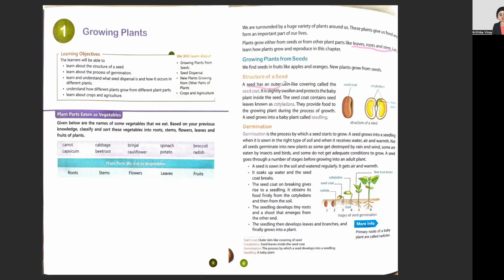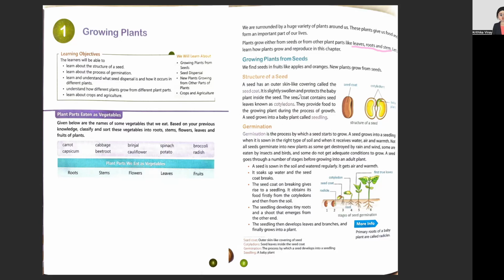Let's read. A seed has an outer skin-like covering called the seed coat. Now, what do we call a seed coat? Yes, it is an outer skin-like covering.